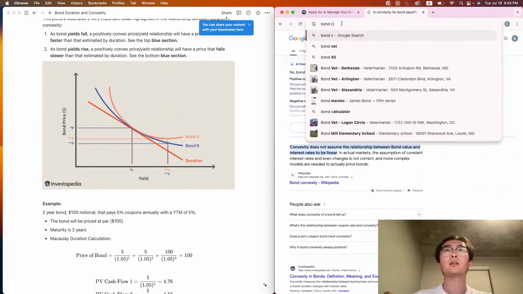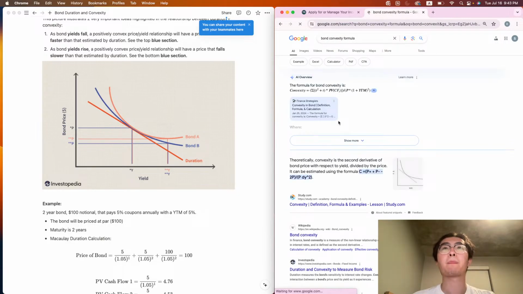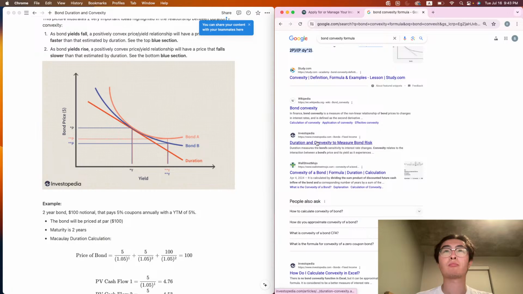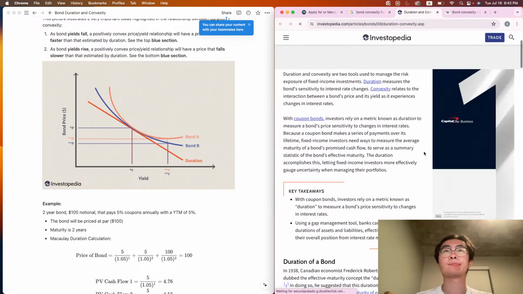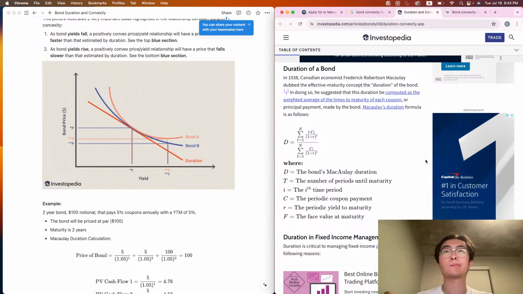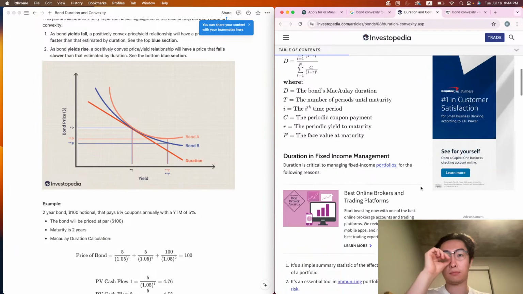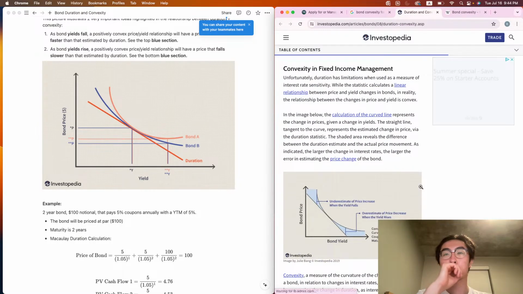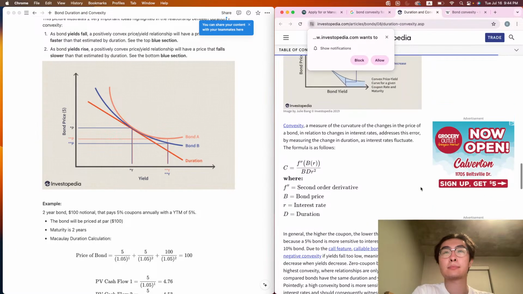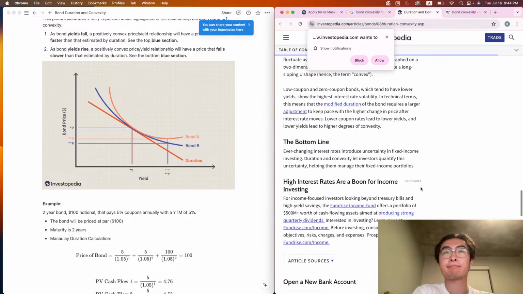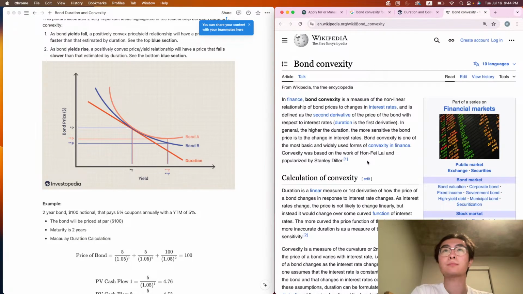Convexity formula. It is one of the most basic, right?